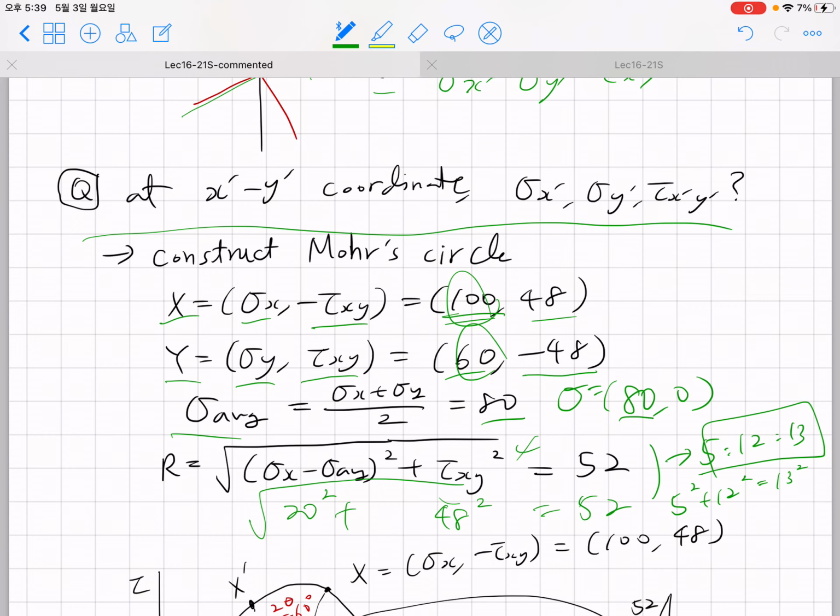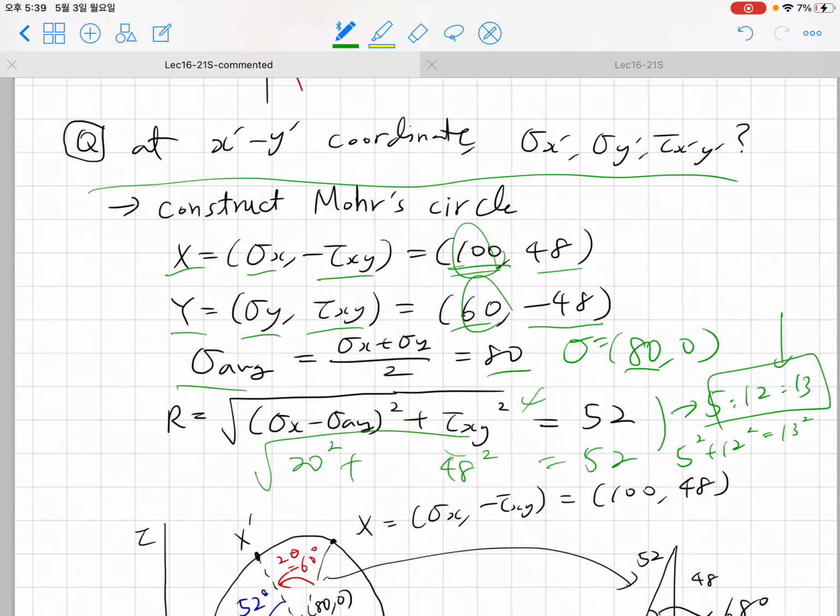Okay, then the ratio is the same. So this is a typical way of making problems. When professors make a problem, they want to give you answers in simple numbers, and they typically use this famous ratio 5, 12, 13, or 3, 4, 5 frequently.